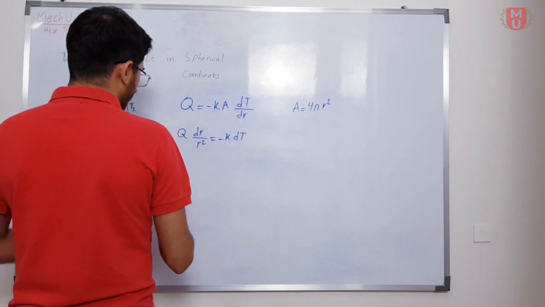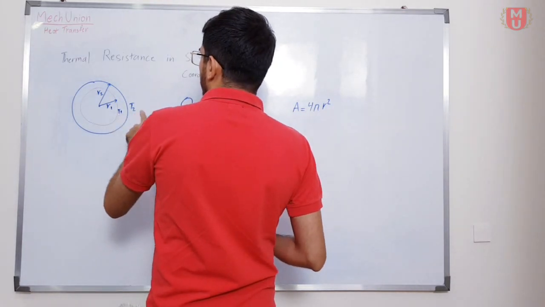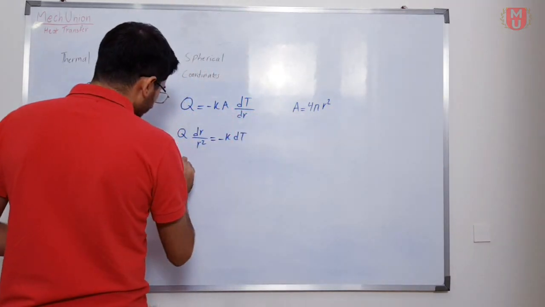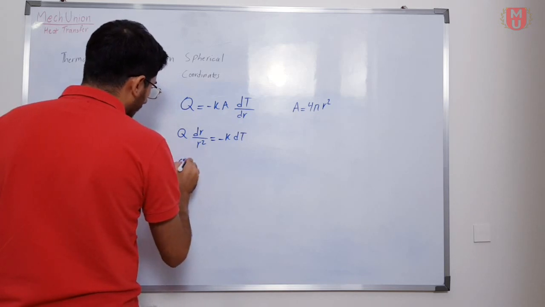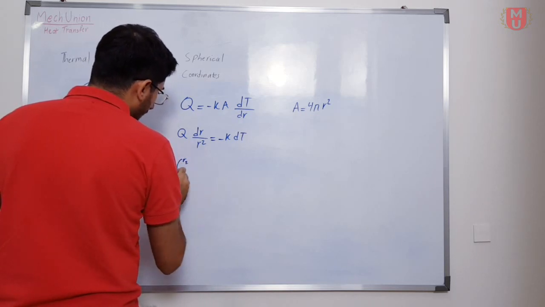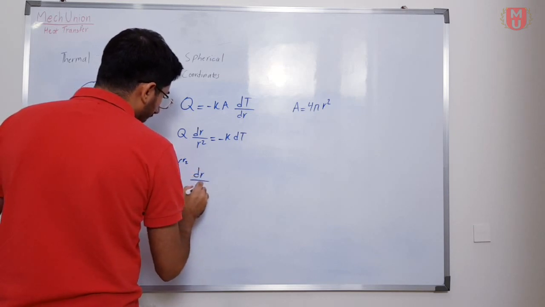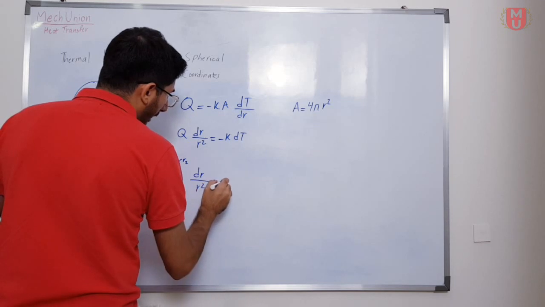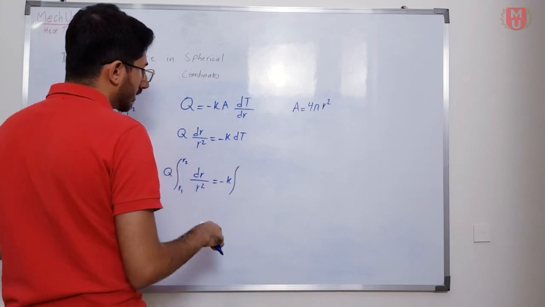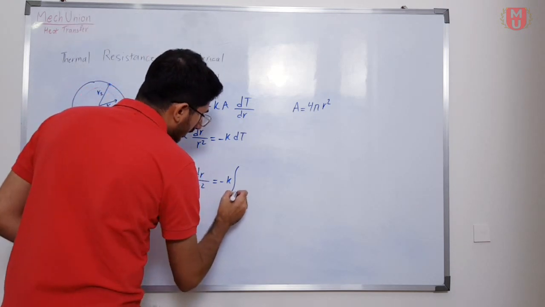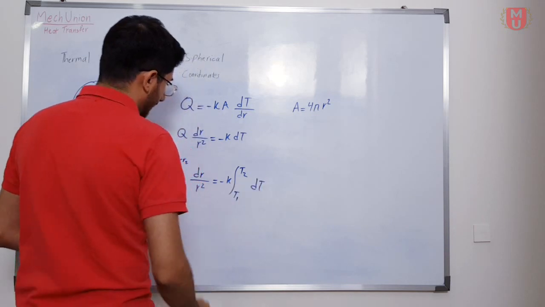Again, by integrating and considering the boundary condition, from R1 to R2, q is constant, dr over r squared, equals minus k, which is an assumption to be constant, from T1 to T2 of dT.